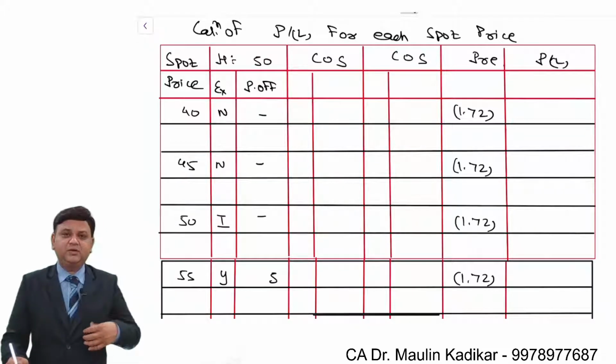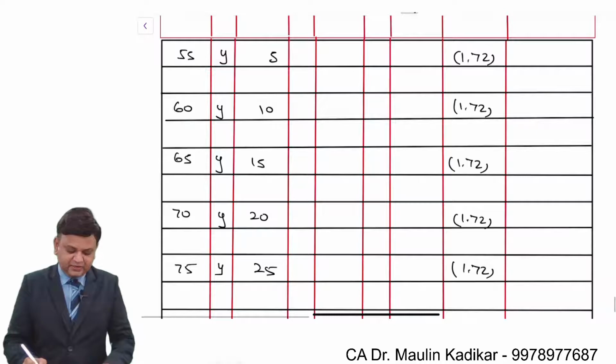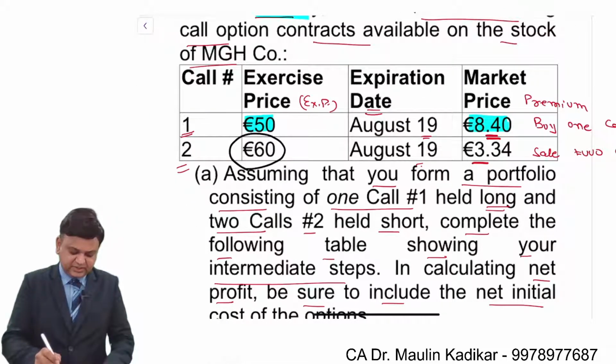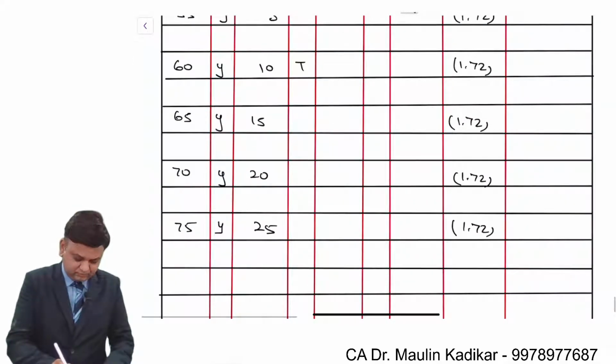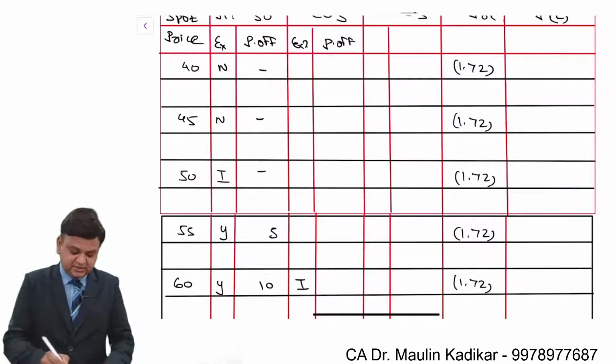Then we have sold call option. The person to whom we have sold it will be indifferent to exercise the same when the spot price is equal to the exercise price, that is 60. When the price is less, he will not exercise.